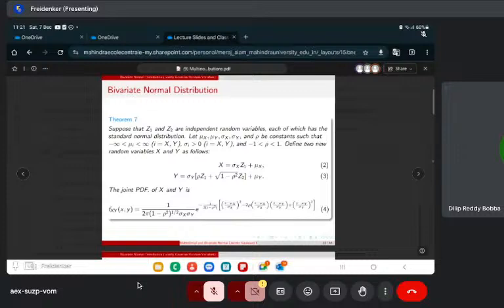Now we are introducing X and Y, where X is a linear transformation of Z1, and Y is also a linear transformation, but with both Z1 and Z2 in it. We know Z1 and Z2 are independent, but now we are defining two new random variables. We know that functions of random variables are also random variables, so X and Y are two new random variables. The joint PDF of X and Y is whatever they gave at the bottom.